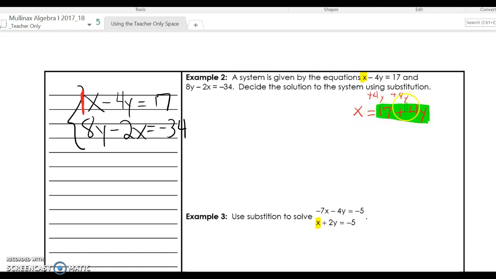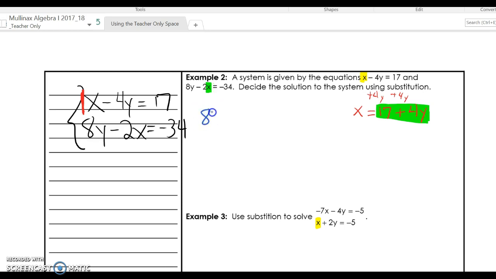I'm going to use that binomial, 17 plus 4y, and I'm going to replace x in the other equation. So I'm letting one equation tell me what x equals, and then I'm going to substitute that value, 17 plus 4y, into the other equation, hence the substitution method.